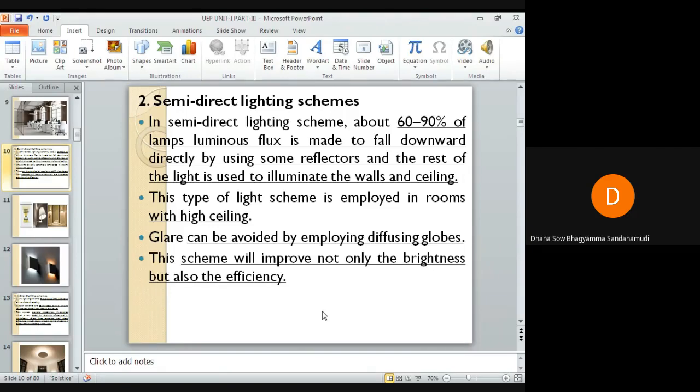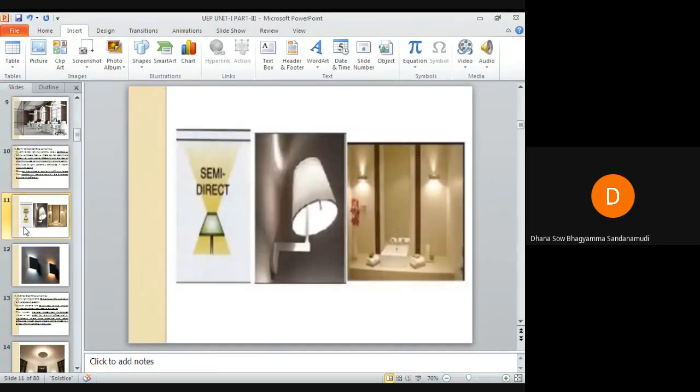In general, people know that lights are fixed in such a way that the whole light should fall on the surface. It is not necessary that the whole light should fall on the surface. It can even be directed in the direction in which we want.